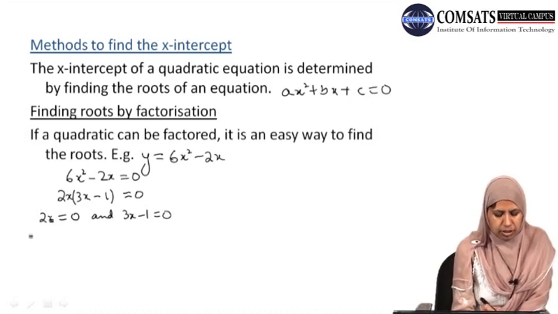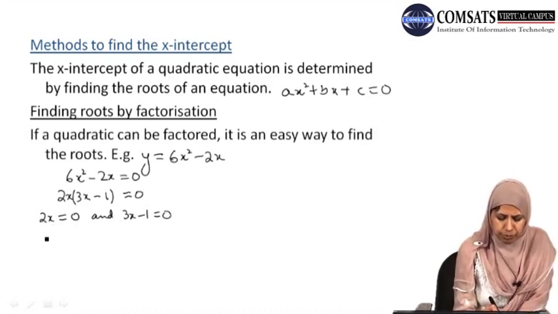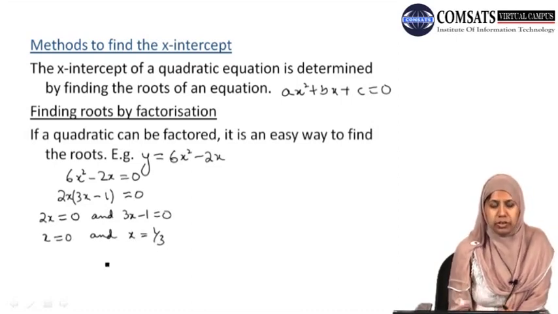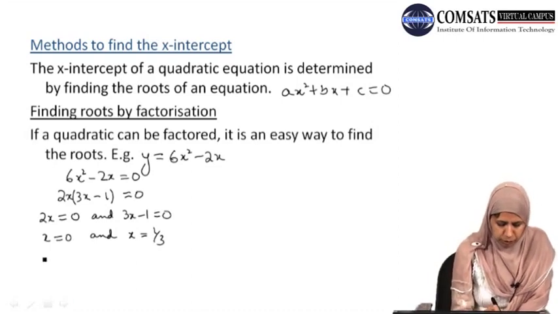Further simplifying, since 2 cannot equal 0, we obtain x equals 0 and x equals 1 by 3. So our x-intercepts are 0 and 1 by 3.